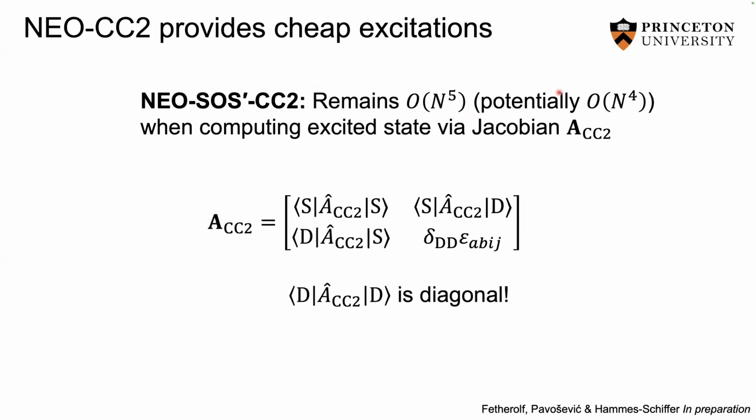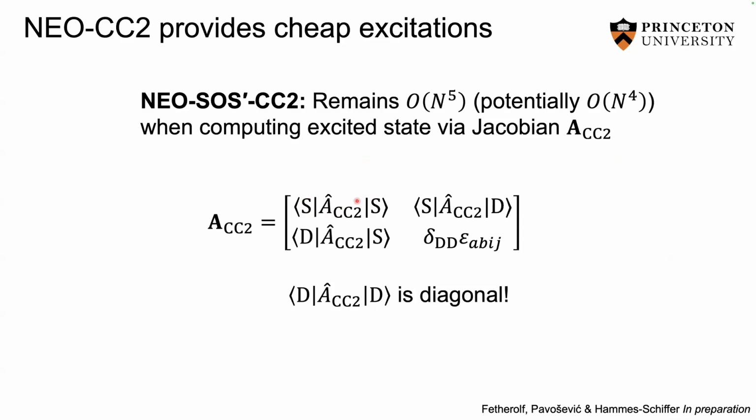I didn't mention before, but the SOS implementation, in principle, can actually be lowered to order n to the 4 with density fitting because of neglecting the same spin term. So in general, we can retain this low scaling that comes from the ground state method, but expand it into the excited state Jacobian that looks very similar to what we get from EOM CCSD, for example, EOM CCSDT.